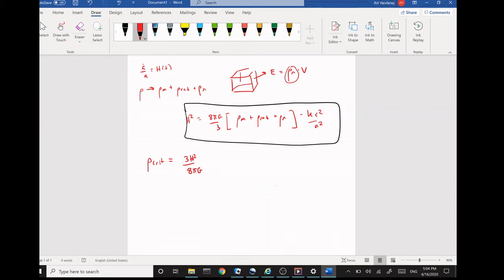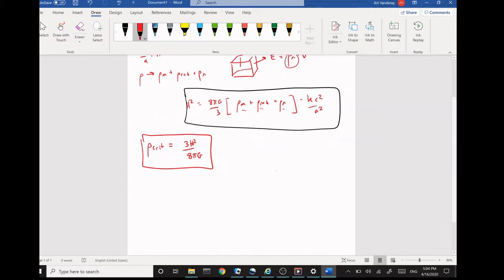This is my critical density, meaning that if I'm over this, my curvature will become plus 1. If I'm equal to this critical density, so I find out that rho m, rho lambda, and rho radiation add up to this critical amount, then my universe stays flat. And if I add up all of these energy density terms and I get less than that critical, then my k will be negative.